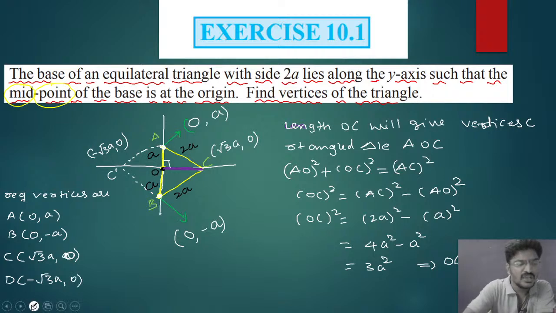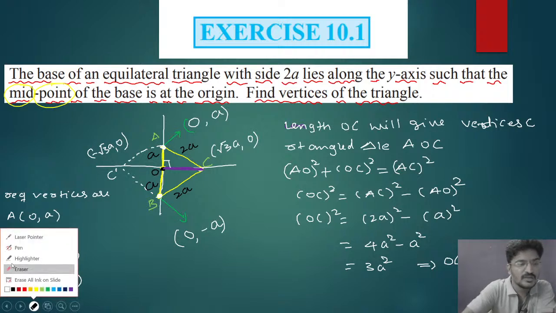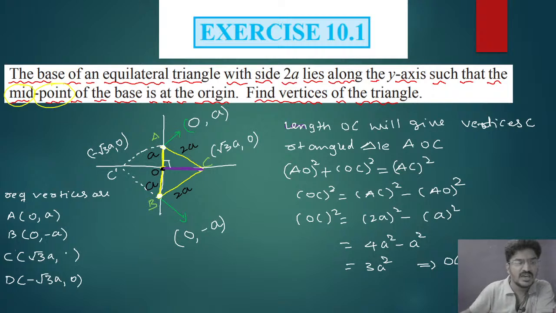So these are your required answers. One is 0 comma A, another one is 0 comma minus A, C vertices is root 3A comma 0, vertices D is minus root 3A comma 0.